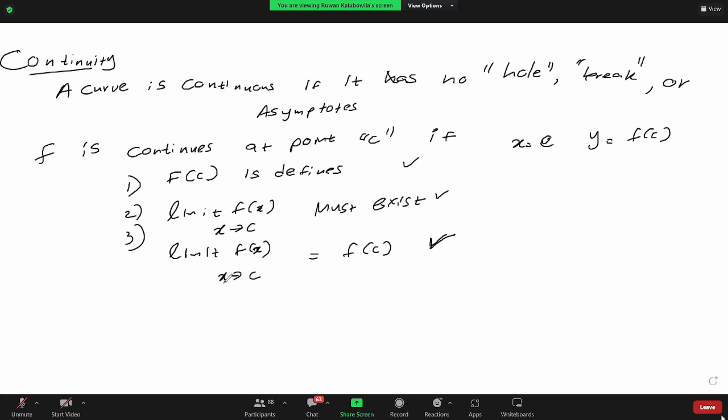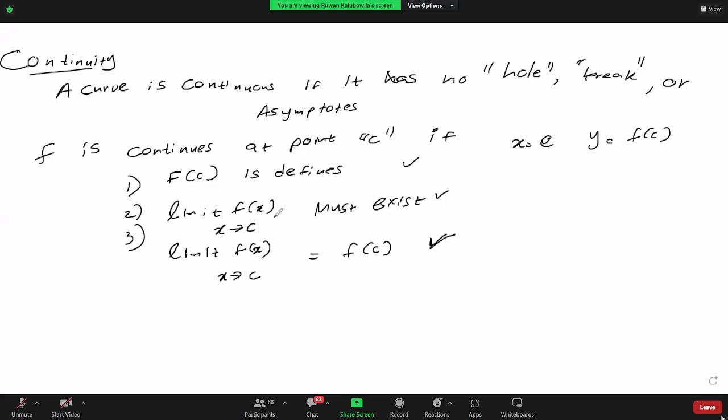You only need to look at this part directly, then you can say it is continuous. But if not, you can check whether it is defined. If not defined, then the function is not continuous at the given point c. Or you can say the limit of f(x) does not exist when x approaches c, therefore the function is not continuous at the point c. That's how you can state the answers.